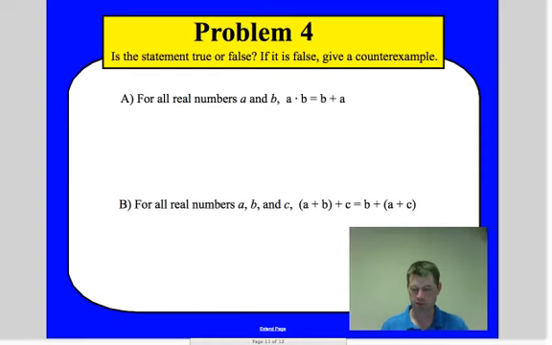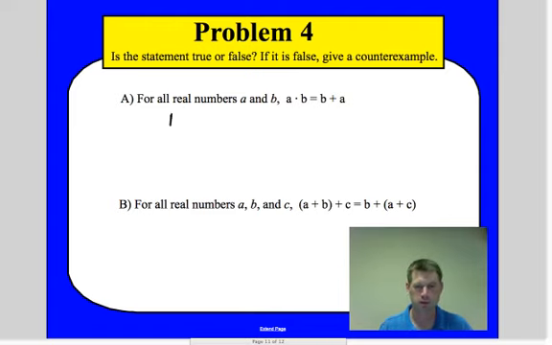Okay, problem number 4. Is the statement true or false? If it is false, give a counterexample. So essentially we want to provide why we know it's false. For all real numbers a and b, a times b is equal to b plus a. This could be real easy, just finding some numbers. You might say, well, what about 1 times 2? Is that 2 plus 1 going to be the same thing?